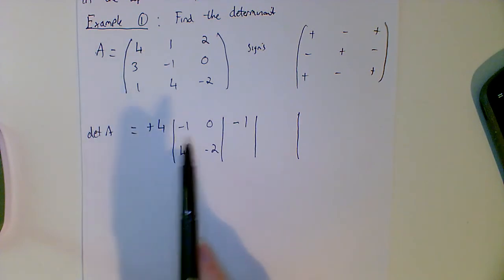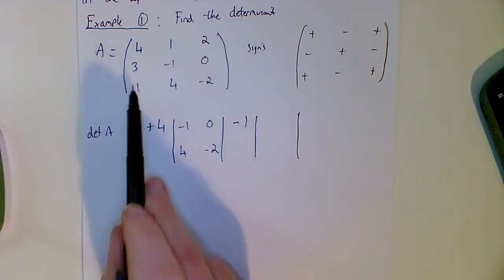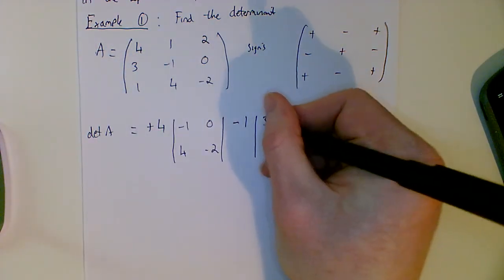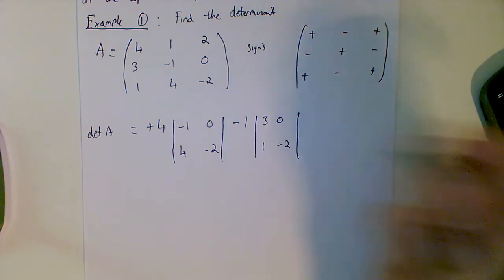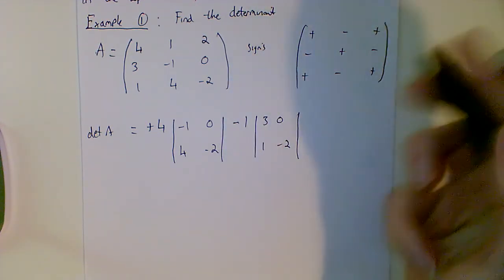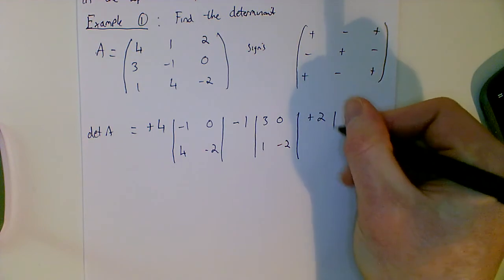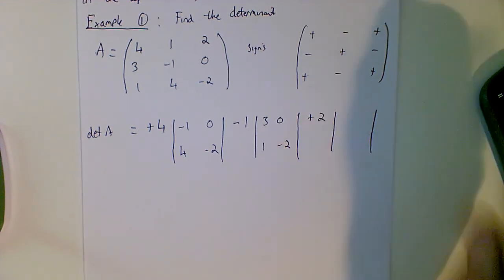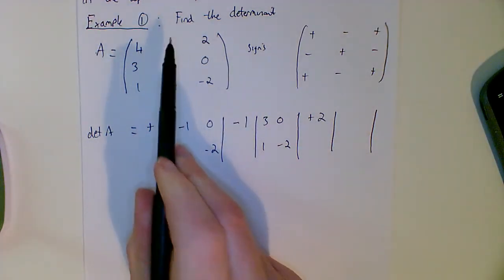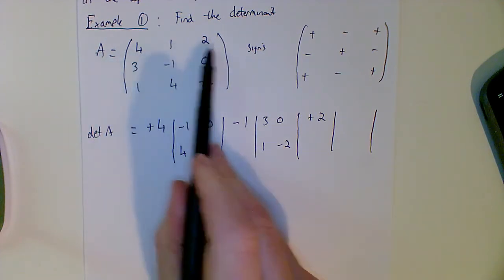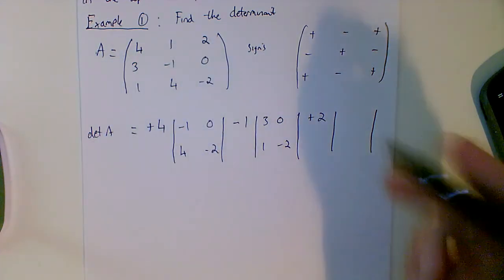So the things that are not on that row and column are 3, 0, 1, negative 2. Then lastly, it's positive, so plus 2, and we're multiplying again, not on its row and not on its column.